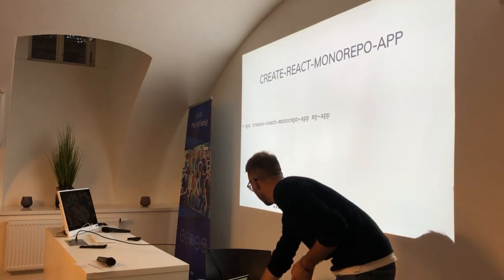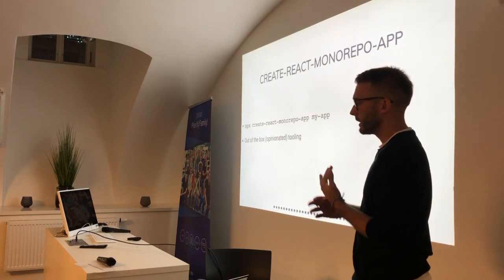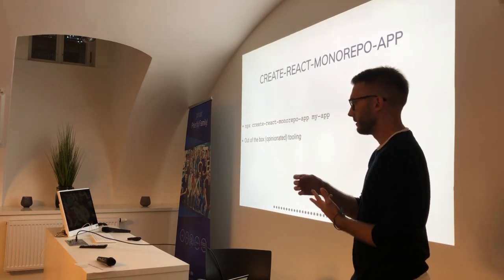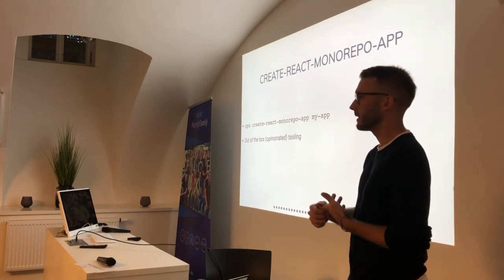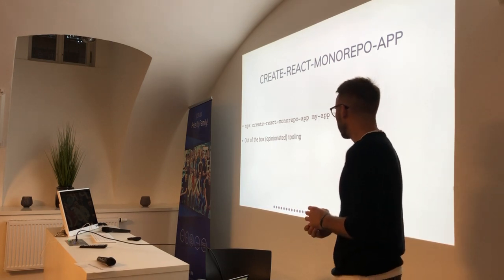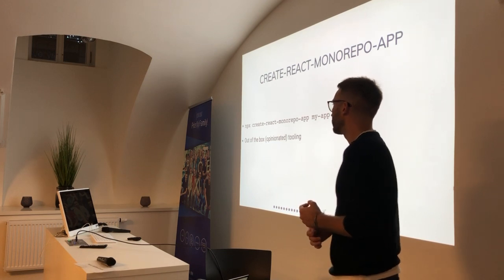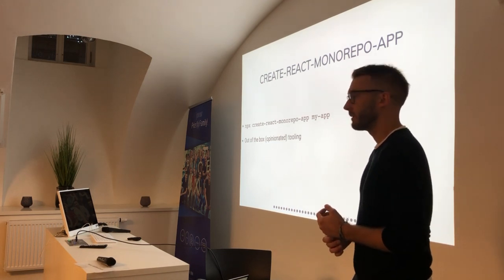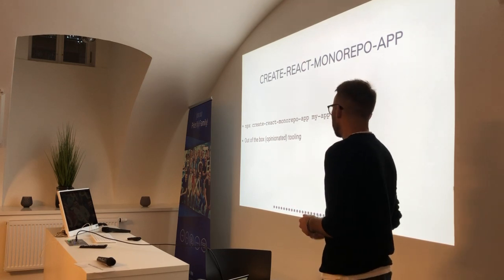And out of the box, it already includes ESLint, StyleLint, TypeScript, Husky for Git hooks, and there are some other tools that are already set up for you to use. Of course, the configuration is very opinionated. I didn't spend a lot of time making it that configurable.